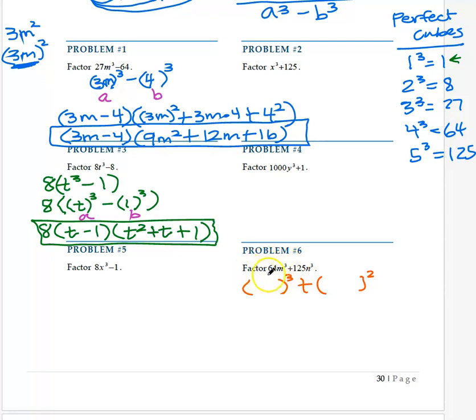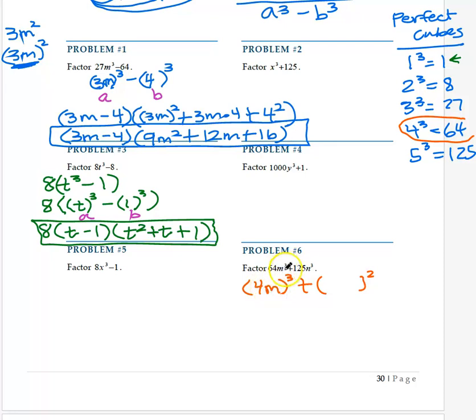Okay, so looking at this, all right, so I'm trying to think of what times what times what gives me 64. And again, if I have these memorized, it's easy to see that I have 4. But I don't just have a 4. What else do I have there in the parenthesis? An M, yeah, we got an M, right?